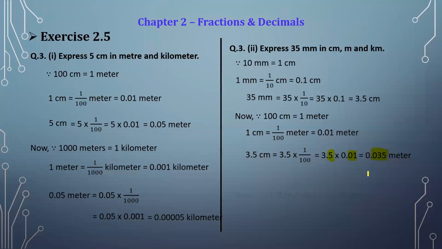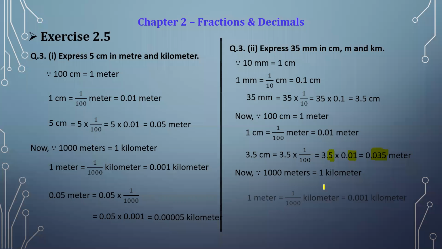Now we have to convert that meter into kilometer, so again we require a conversion. We know that 1000 meters is equal to 1 kilometer.